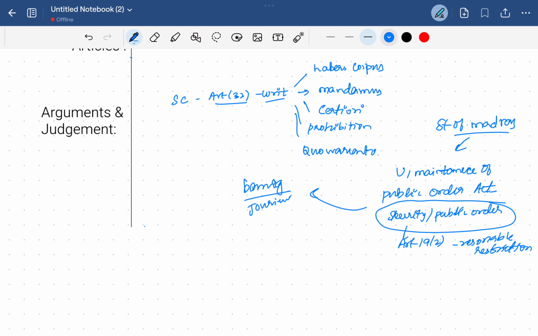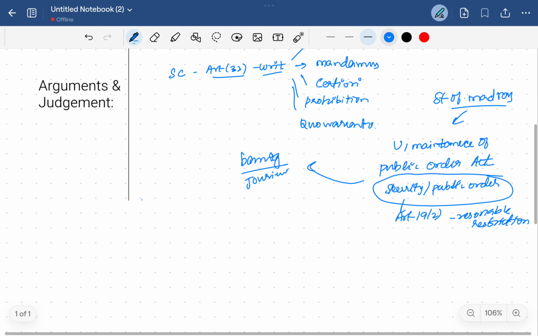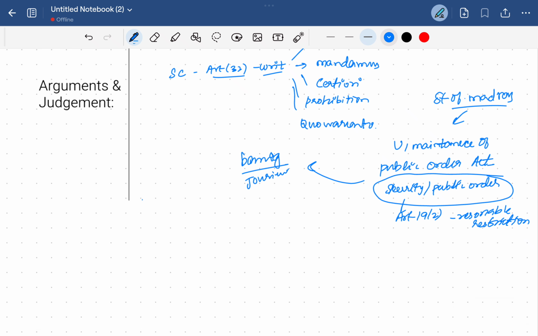That's what the State of Madras claimed, but the Supreme Court said that though security or public order is mentioned here, the security is not directly threatened by the freedom of press, and it also widened the scope of Article 19 clause 1, that the right of freedom of speech and expression also includes the right to freedom of press.